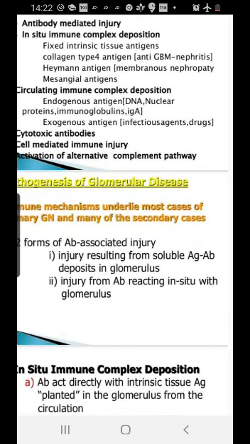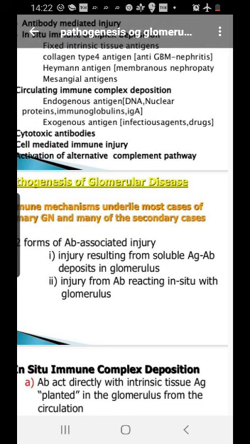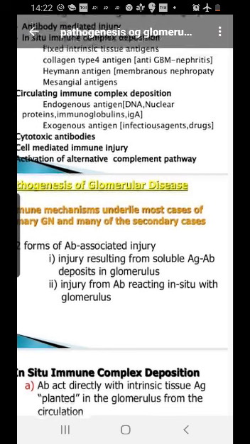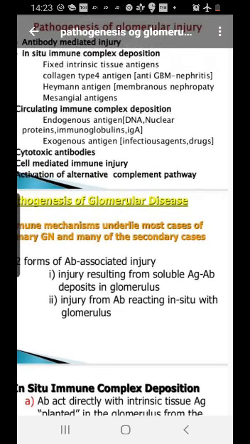There is a common antigen which is present in the lungs and in the kidneys, to which the antibody reacts, and it goes and reacts against that typical antigen inside the glomeruli and destroys it. So that is the anti-GBM antibody which acts against the antigen, which is common in both the lungs and the kidney, and hence the patient presents, if there is an injury in the lungs, as hemoptysis, and if it is the kidney, the patient presents as hematuria.